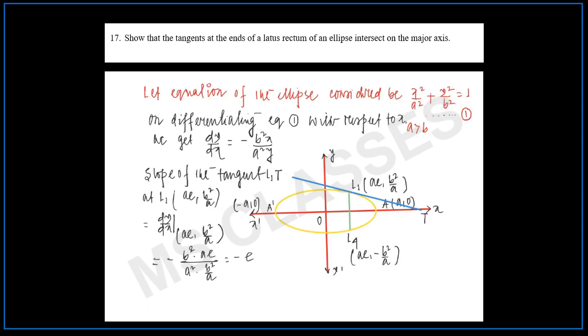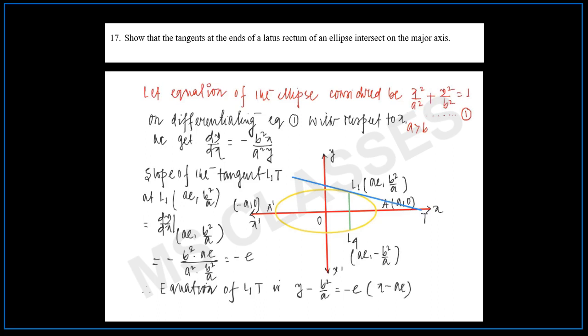Therefore, the equation of L1T is y minus y1 equal to minus e into x minus x1.